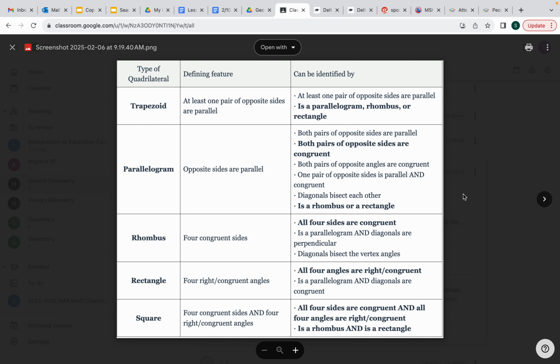We can identify a parallelogram based on that. A lot of people are being thrown off by when the diagonals bisect the vertex angles, okay? When the diagonals are congruent, all right? Make sure you look at this because this is what's going to help you solve those questions that you had yesterday.